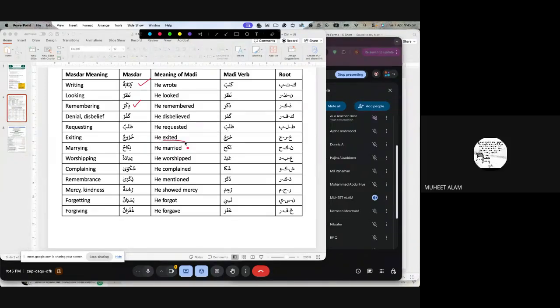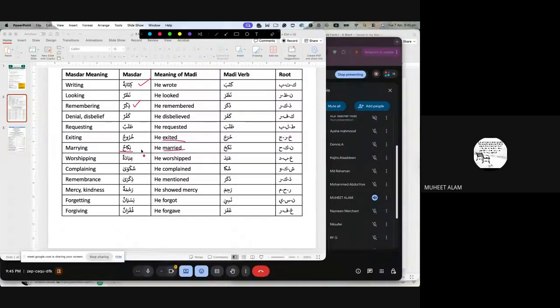And the masdar is khurujun, which means exiting. Next is nakaha. The mazi is nakaha, meaning he married. The masdar of this is nikahun, which means marrying.